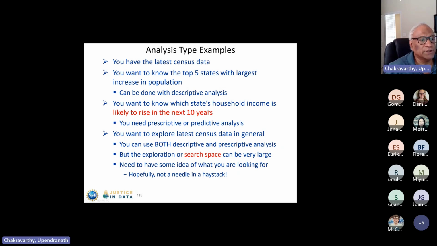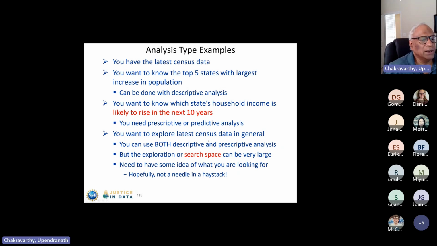Now suppose you want to know in which states income is likely to rise in the next 10 years. This question is different from the previous question, there is a qualitative difference between the two. The first can be done with descriptive analysis. This cannot be done only with descriptive analysis because you are predicting what is happening in the next 10 years.